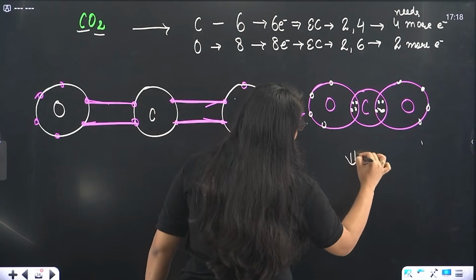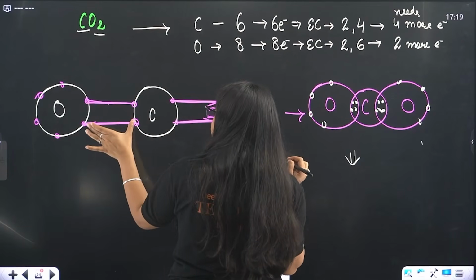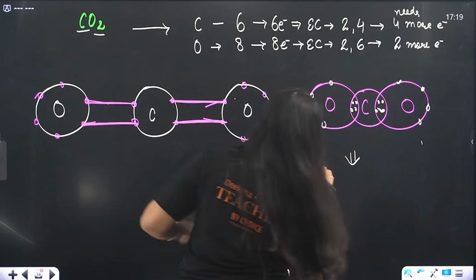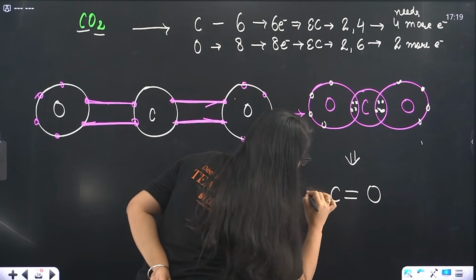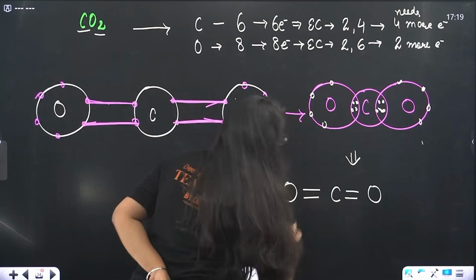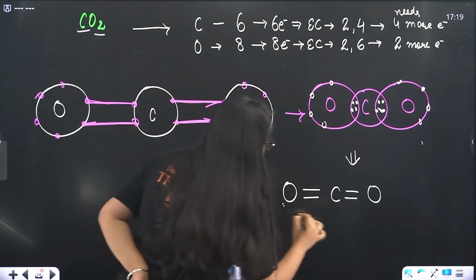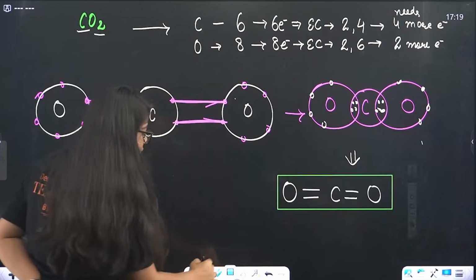Now, how will you write this? 4 electrons are here. These two are making a bond, these two are making a bond, a double bond. Carbon is making a double bond with one oxygen, and another double bond with the other oxygen. So this is the final structure of carbon dioxide, CO2, right?